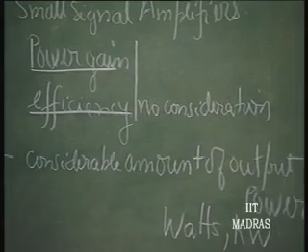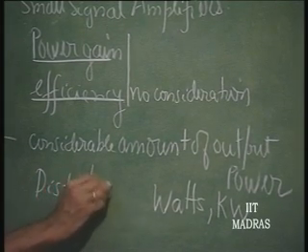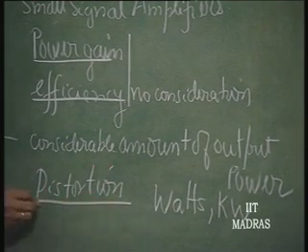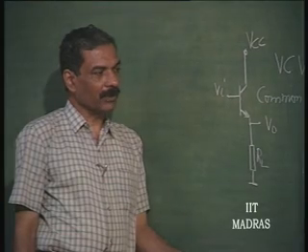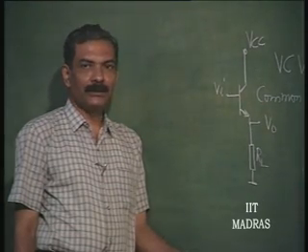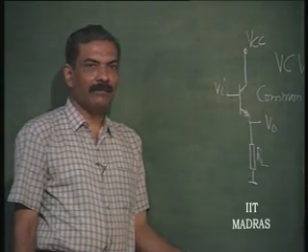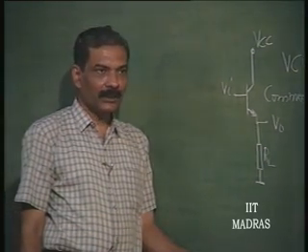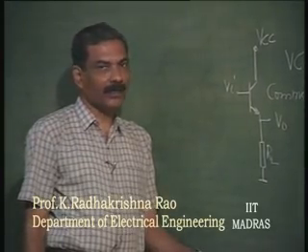The other thing of importance in power amplifier is, in fact this is important in all amplifiers, but in power amplifiers this is all the more important because the load is going to be pretty small. If it is a voltage amplifier, the load is going to be pretty small. So, distortion is significant, particularly because the signal levels are high, whether it is voltage or current, and we cannot consider the amplifier as a small signal amplifier at all.